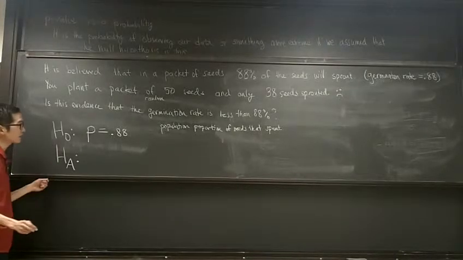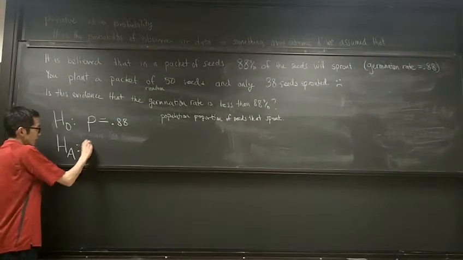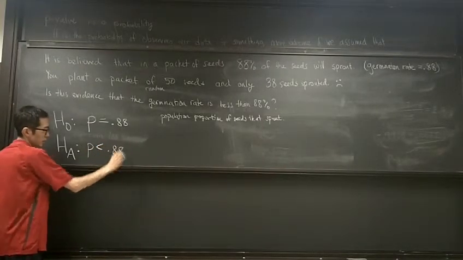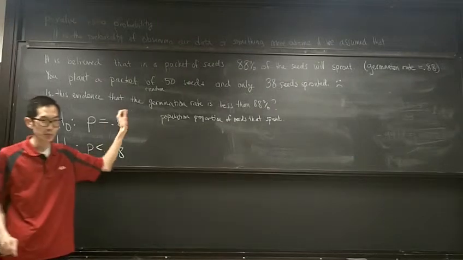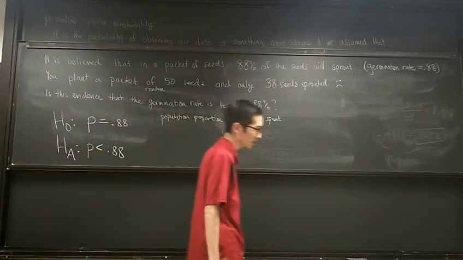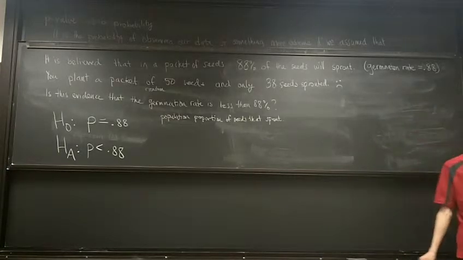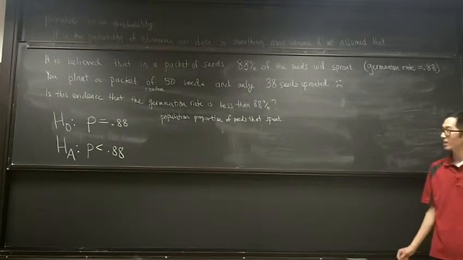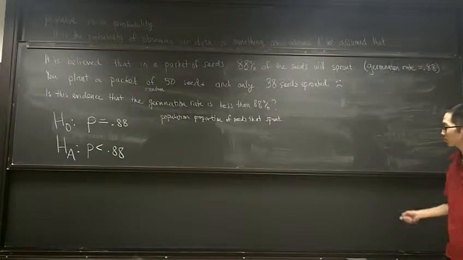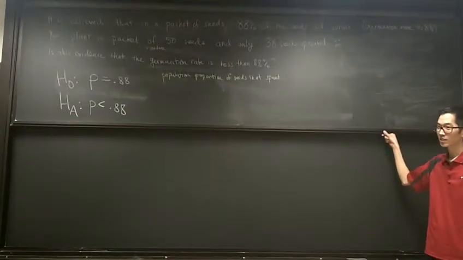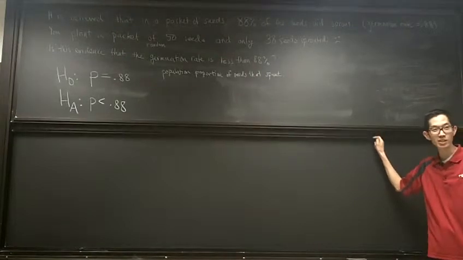So you are sad and you want to know, does this mean P is actually less than 88%? They put 88% germination rate on the packet, but you feel like that's a lie. I was tricked. I thought 88% of my seeds would sprout, but only 76% sprouted.